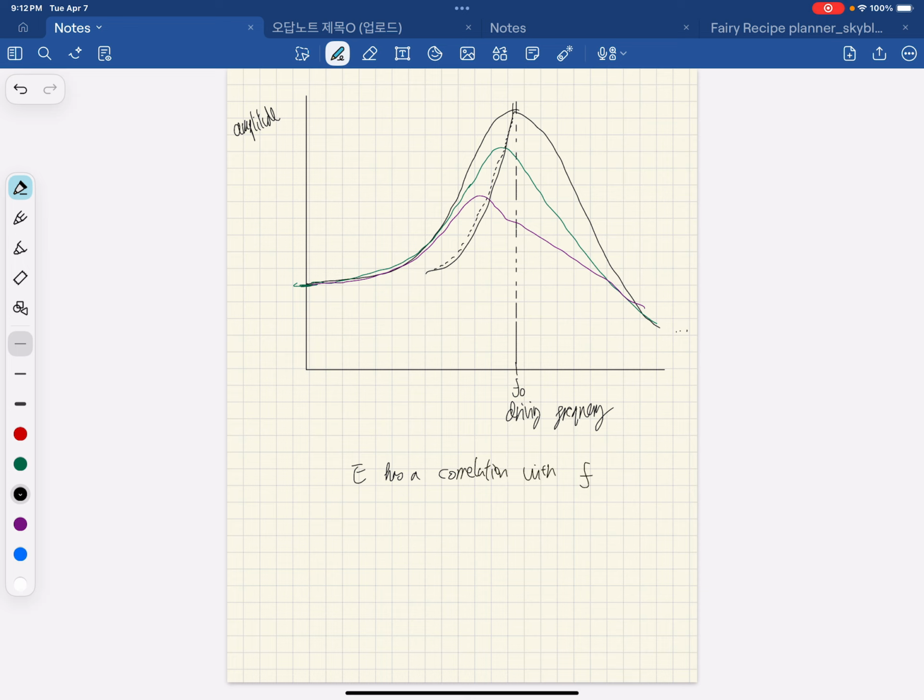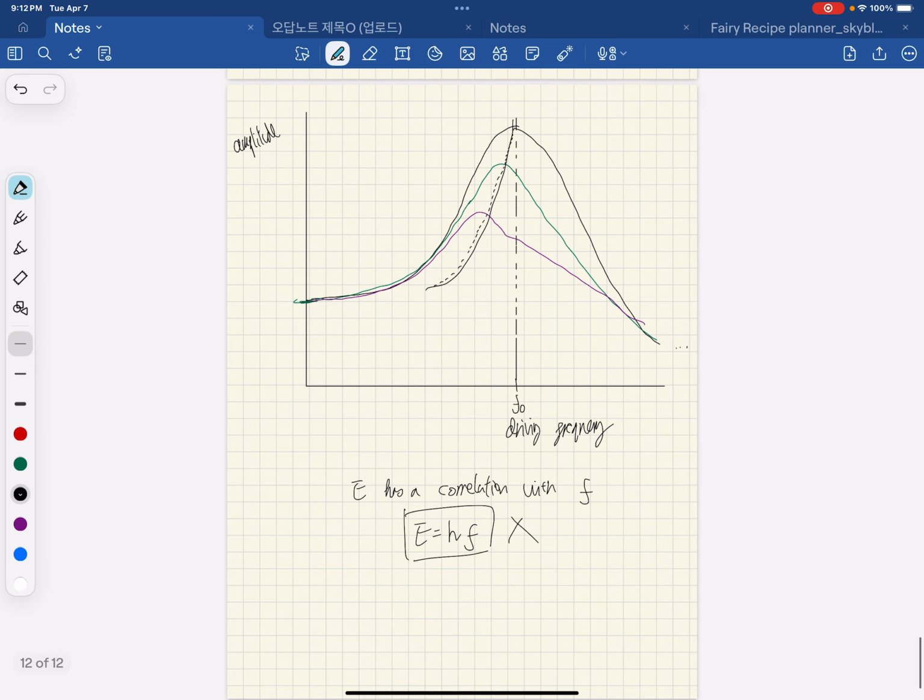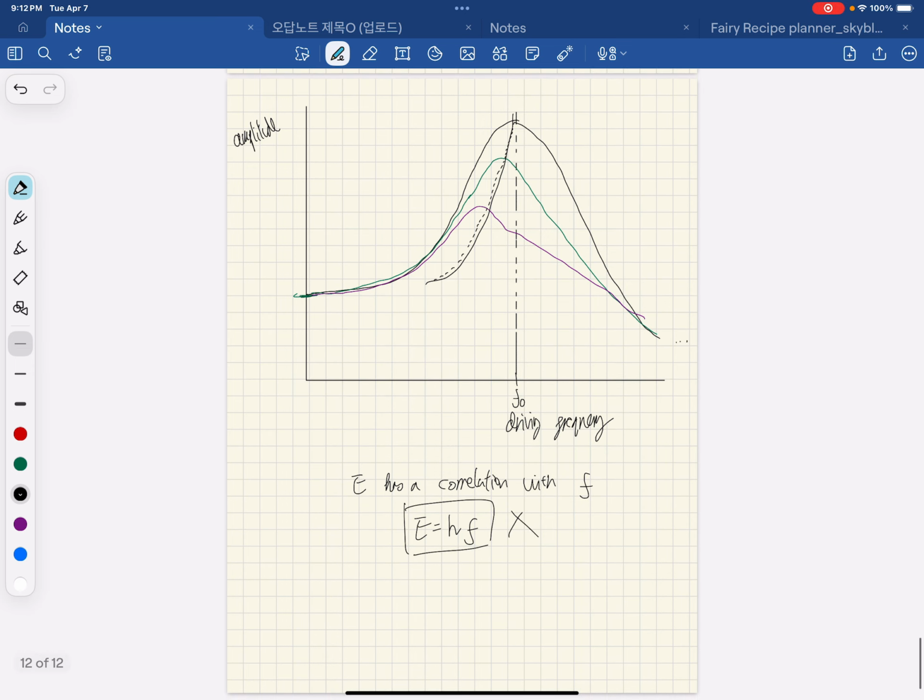This is more evident in quantum mechanics when you say E is Planck's constant times frequency, but obviously you can't use this formula here in the case of non-quantum waves. But the logic is still there.